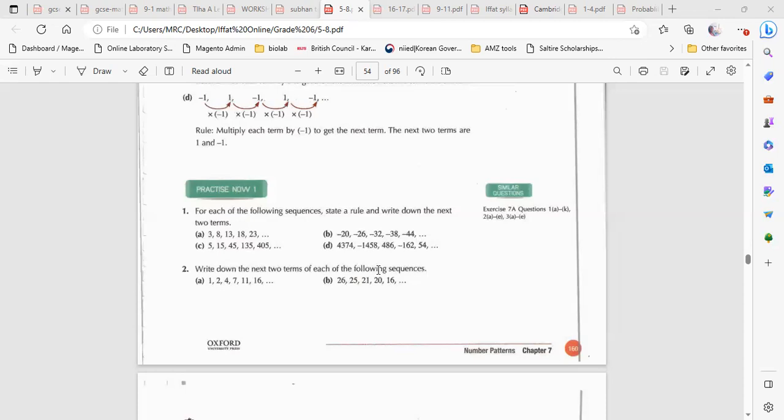And now, what is this? In part D, what is given? 4374, minus 1458, and the third number is 486 and the next number is minus 162 and the next number is 54.